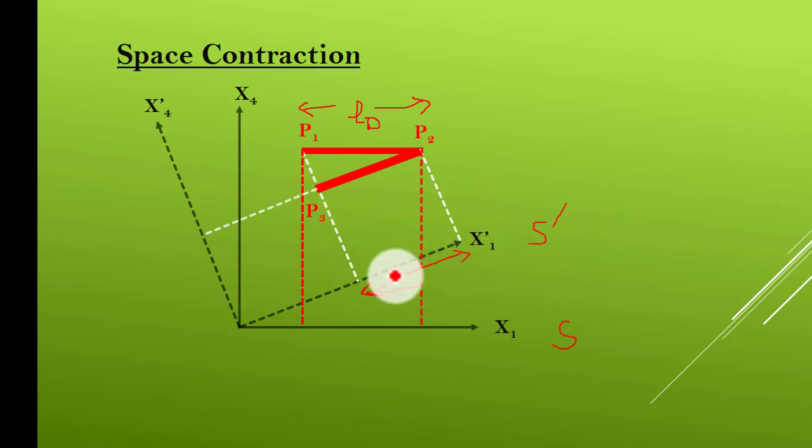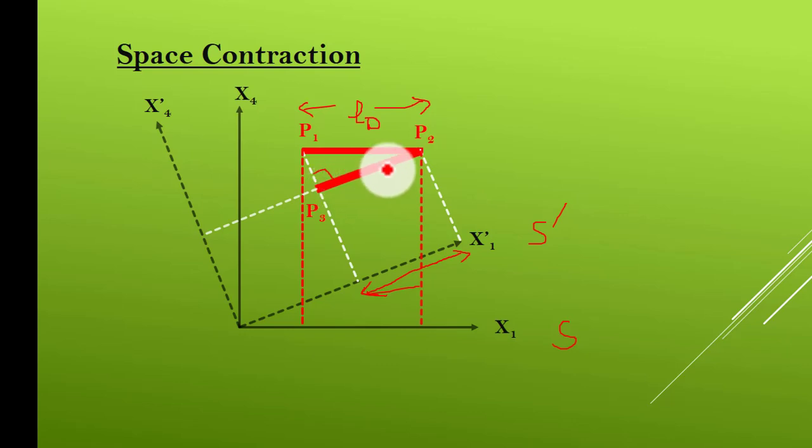You can see this is parallel to this line. I have drawn the rod again here, and you can see it is forming a right angle triangle, and this is the perpendicular, the 90-degree angle. So this is the base, this is the perpendicular, and this is the hypotenuse. P1 P2 is the hypotenuse, which is the actual or proper length of the rod, and this is the length of the rod in the S prime frame of reference.